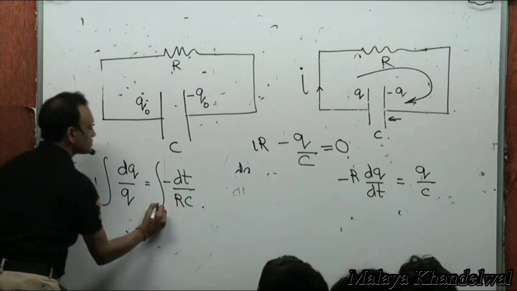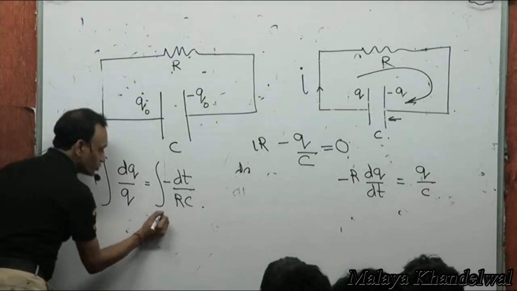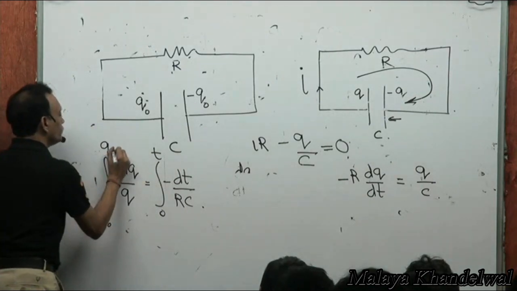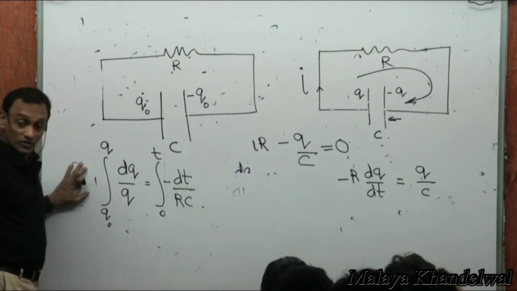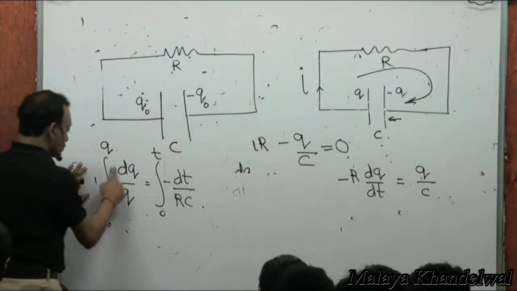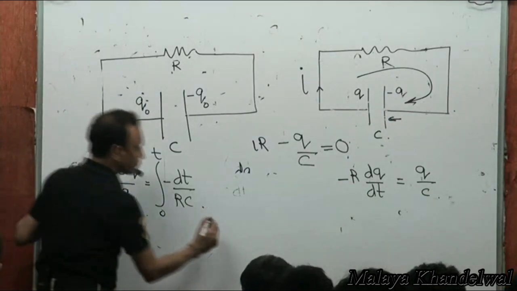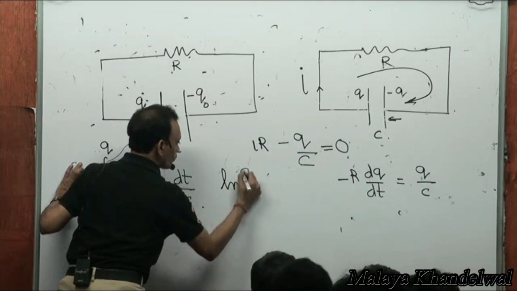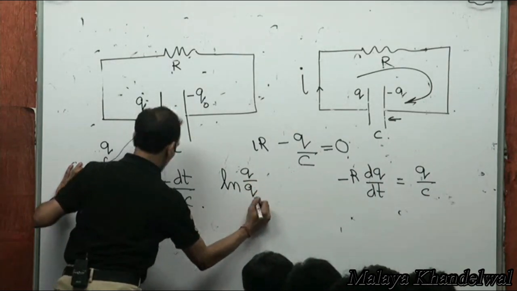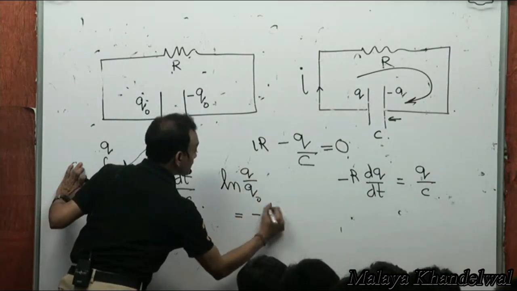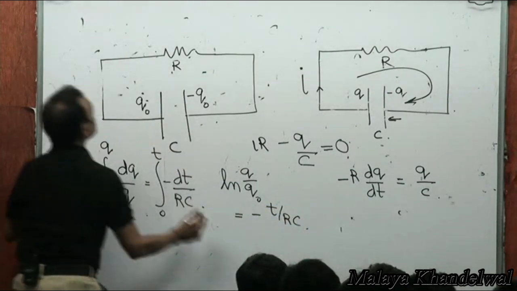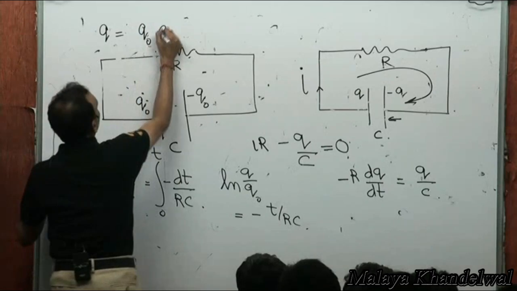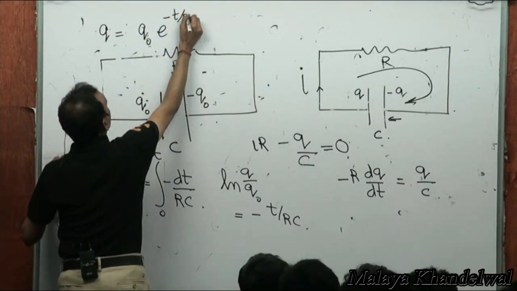Integrate both sides. At t equal to 0, q was q naught. At t equal to t, q became q. This will give me q as a function of time. So this would give me log q by q naught is minus t by RC. This gives me q equal to q naught e to the power minus t by RC.